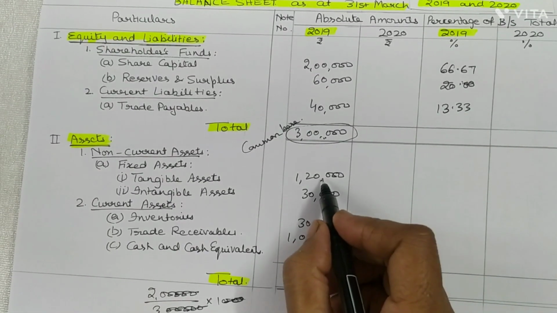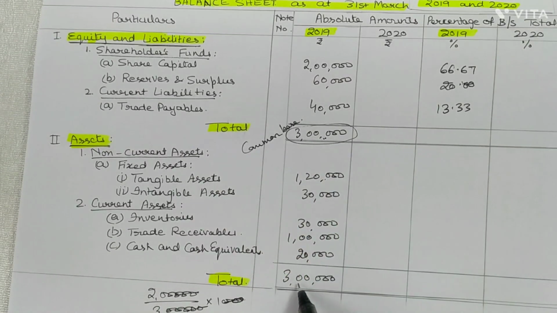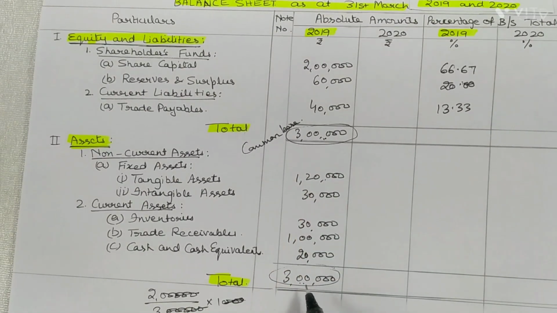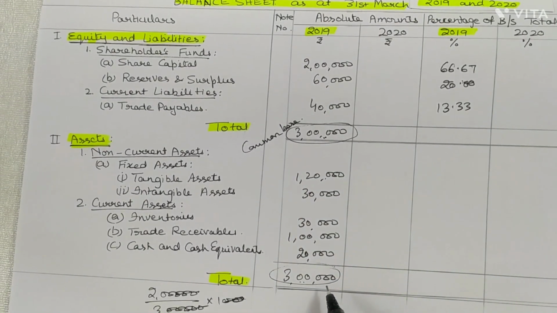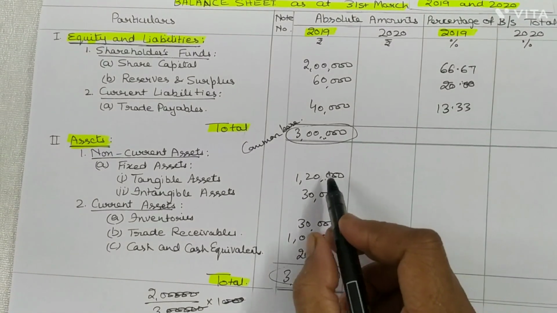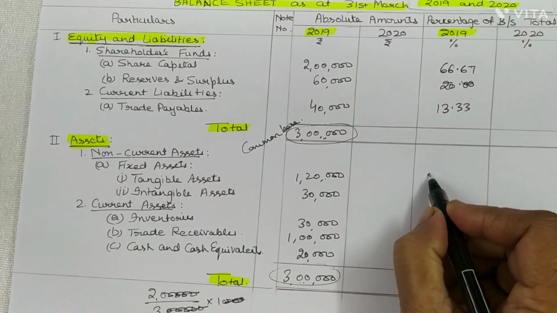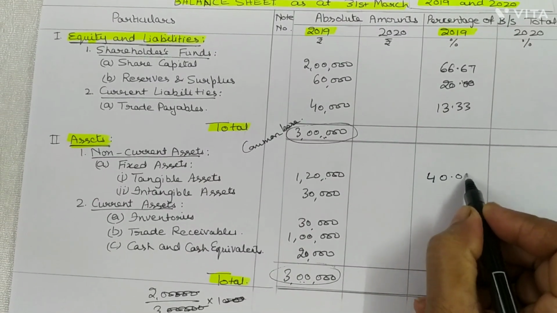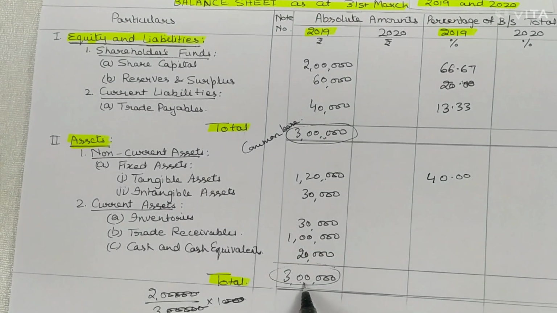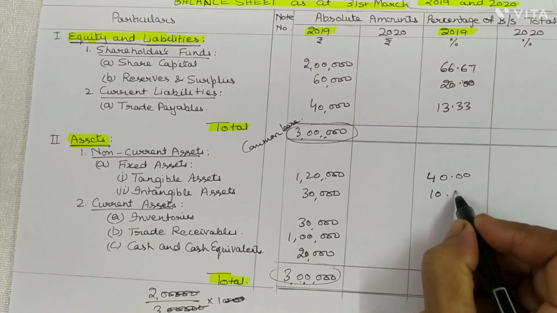Next is 1 lakh 20 tangible assets divided by 3 lakh. Common base is 3 lakh. Total of liabilities and assets are always equal in case of balance sheet. So you have to take base this. 1 lakh 20 divided by 3 lakh into 100 is equal to 40%. Intangible assets 30,000 divided by 3 lakh into 100 is 10%.